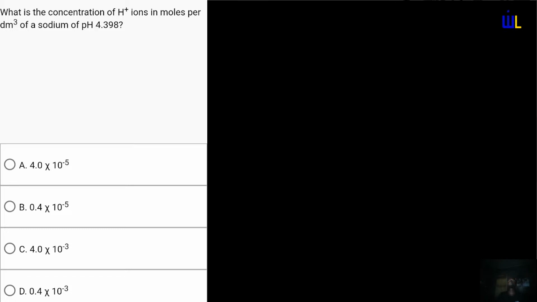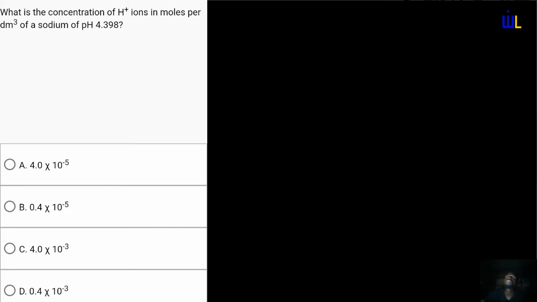The question says, what is the concentration of hydrogen ion in mole per dm cube of a solution of pH 4.398? So this is going to be easy to solve.